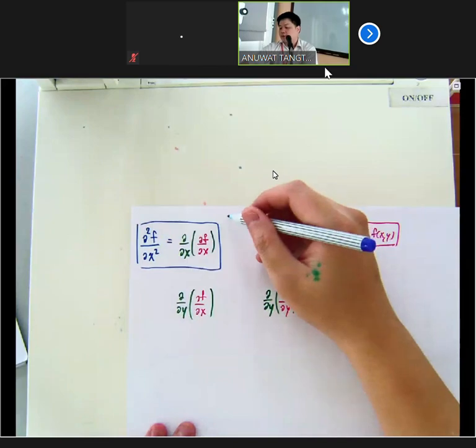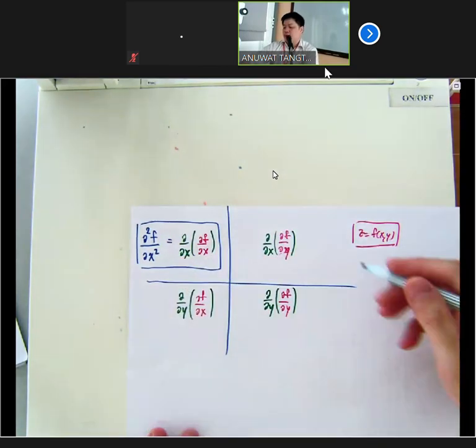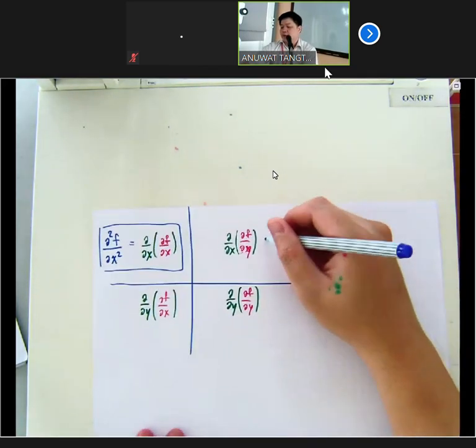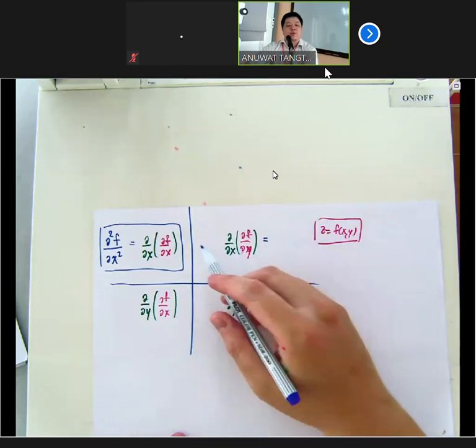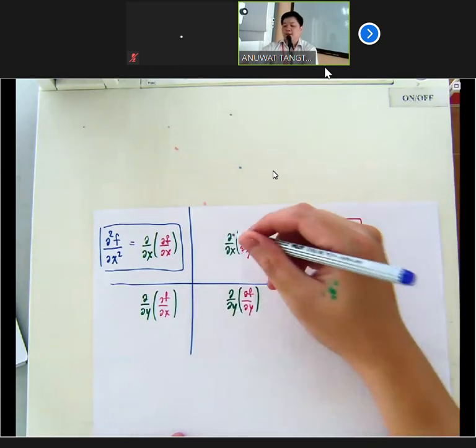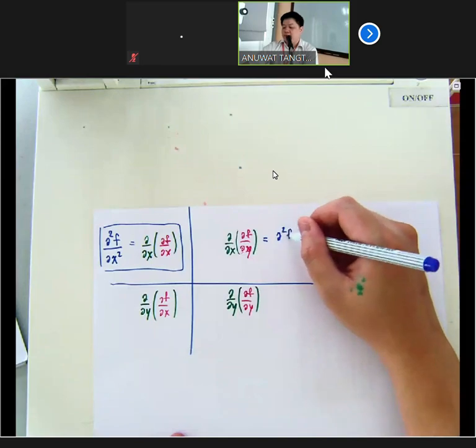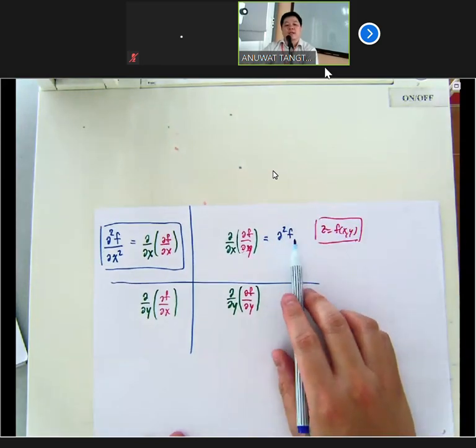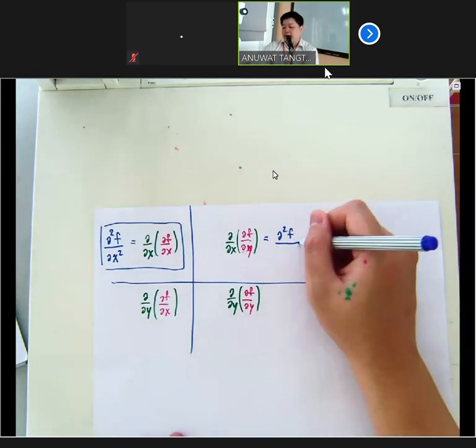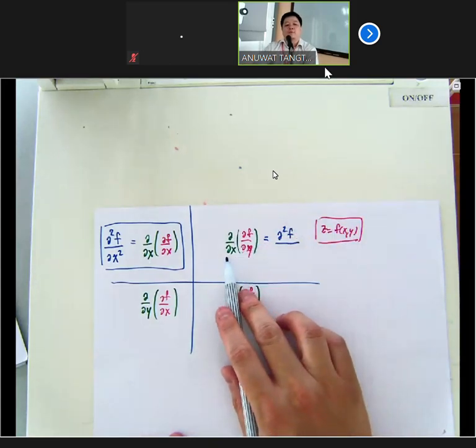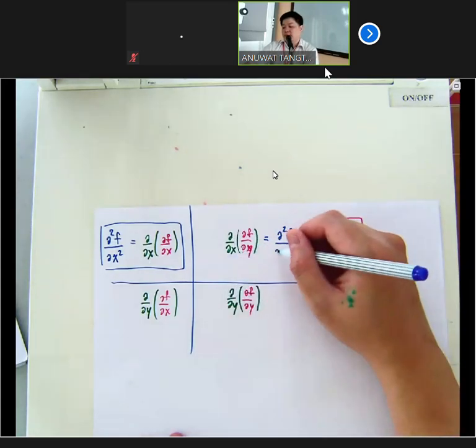Now for this one, let me write it in this way because we have less space there. Here again d squared f. This tells us that this is the second order derivative of f. And here we write down dx dy. So we just say dx dy.